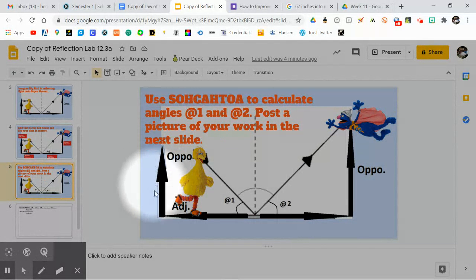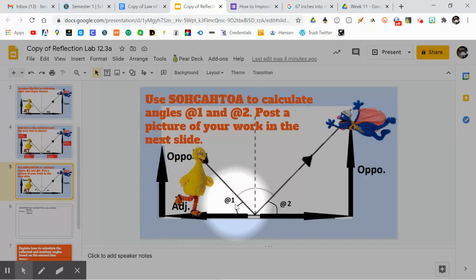Okay, so this is the opposite side right here with reference to this angle. So the opposite side is on the opposite side of the angle. It's just the location, everybody. It's pretty much just the location, okay?